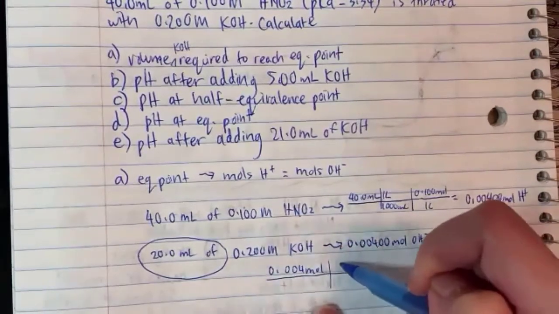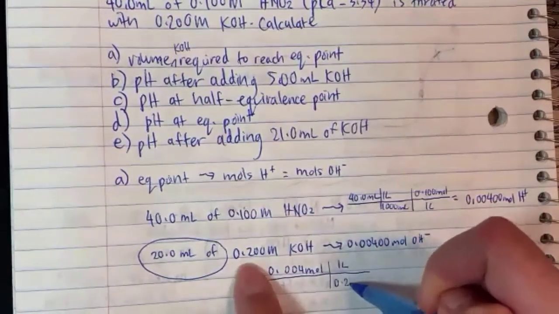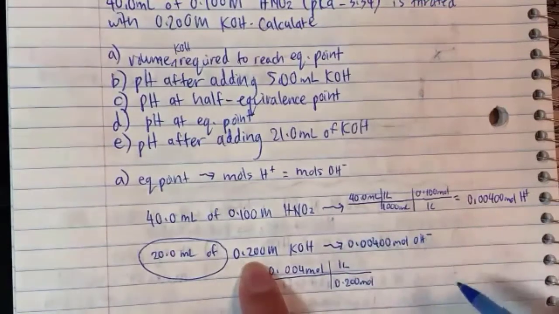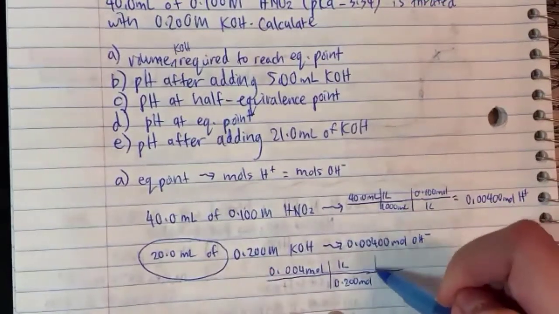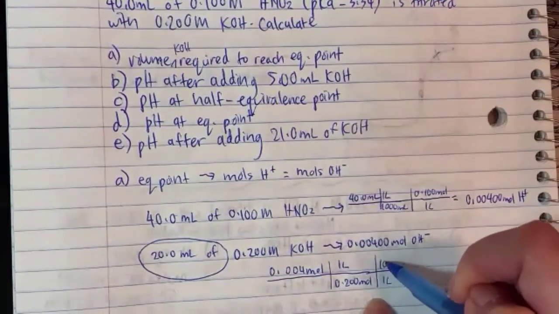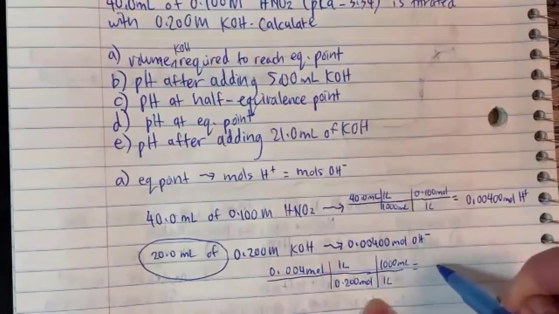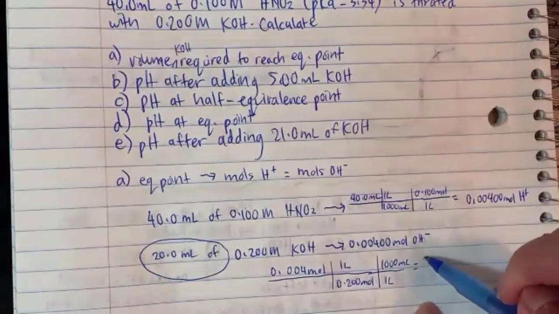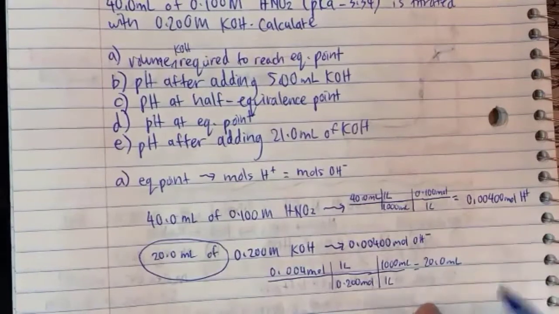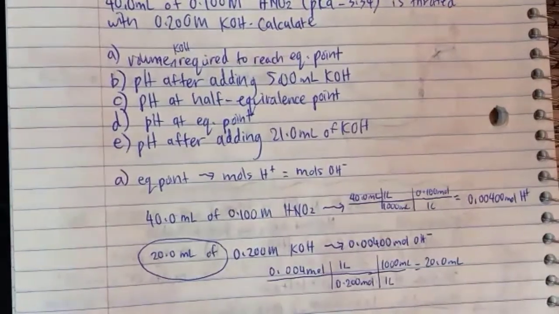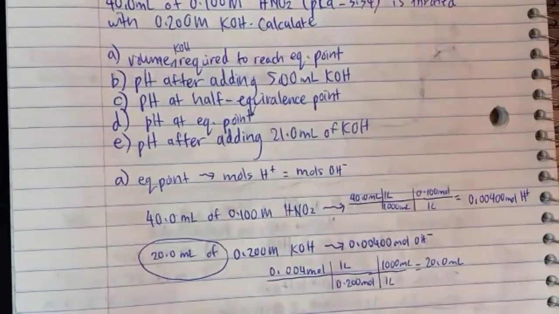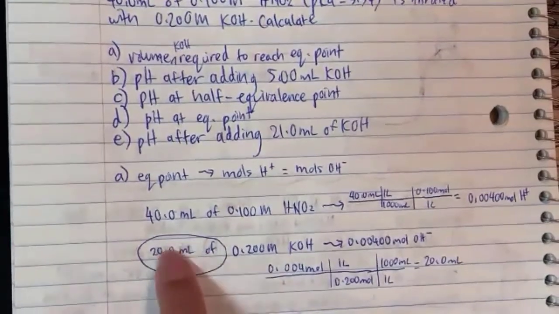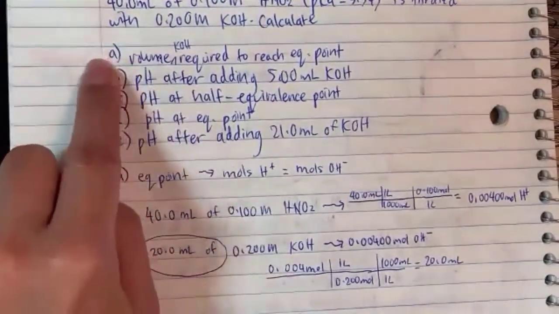And then you know that 1 liter has 0.2 moles of KOH. And then you convert to mL, where 1 liter is 1,000 mL. This would give you, in this case, 20 mL.